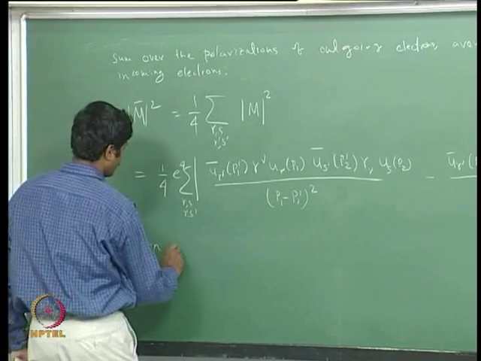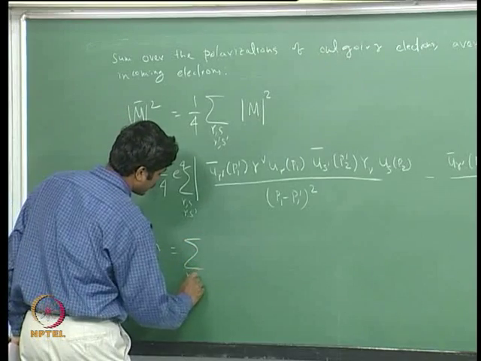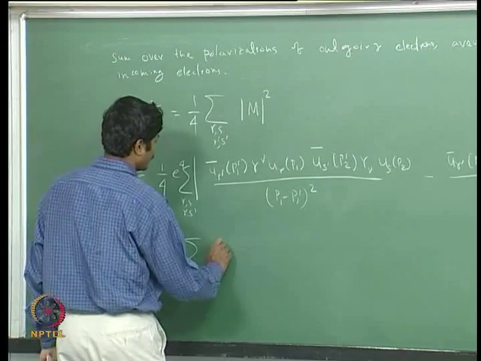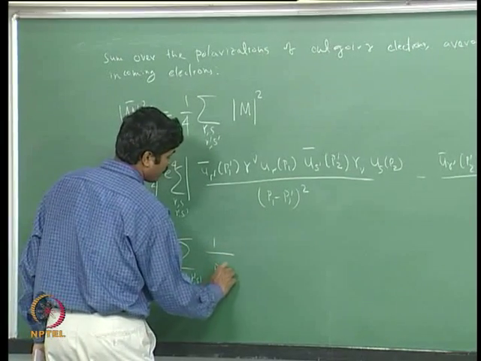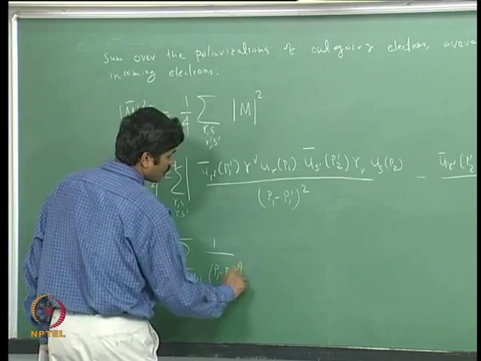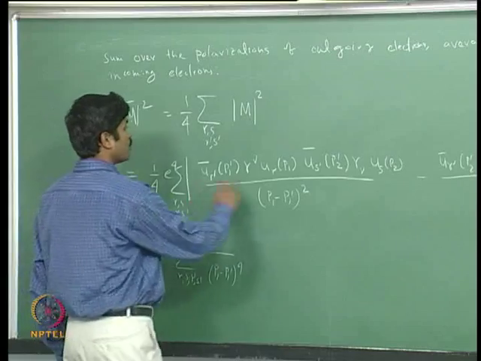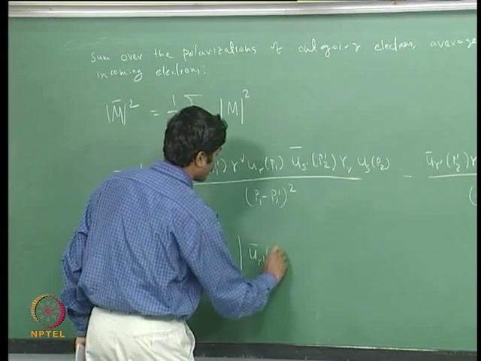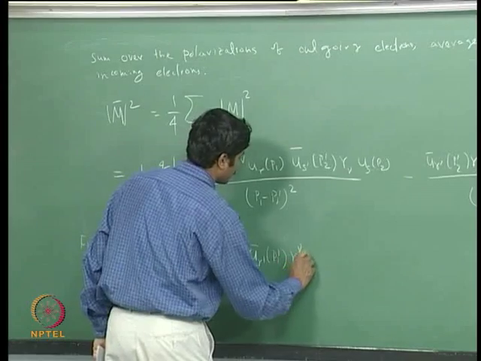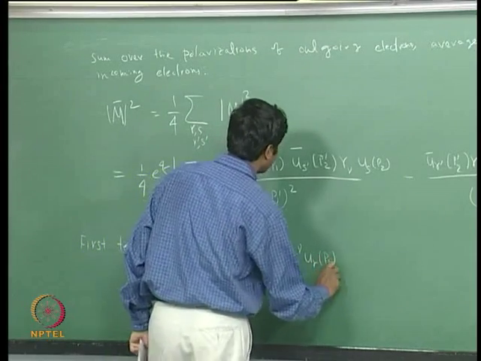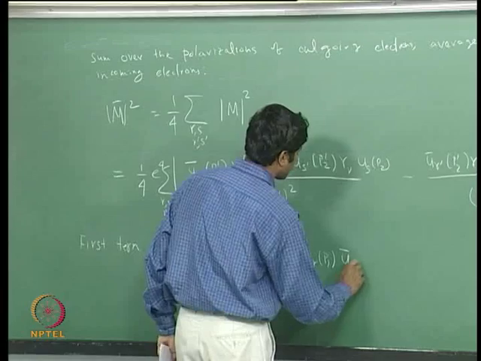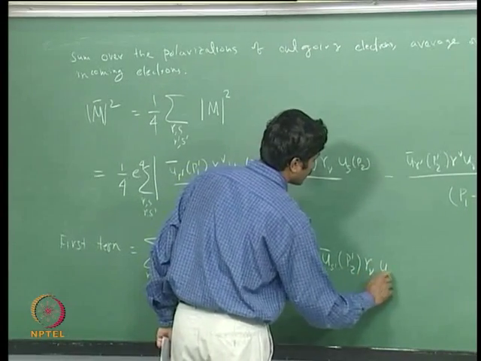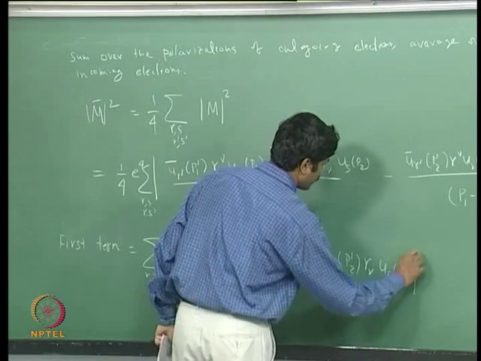So the first term is a sum over r, s, r prime, s prime, and then there is 1 over P1 minus P1 prime whole fourth, and the mod square of this u bar r prime P1 prime gamma nu u r P1 u bar s prime P2 prime gamma nu u s P2, mod square.